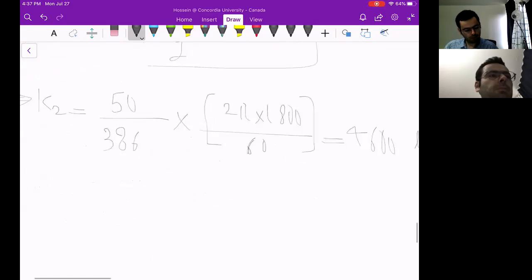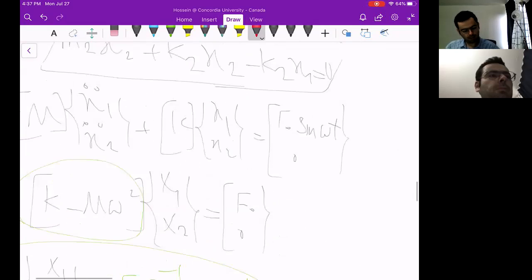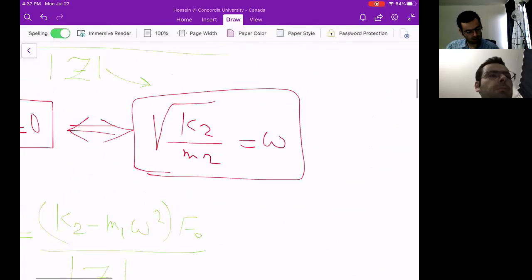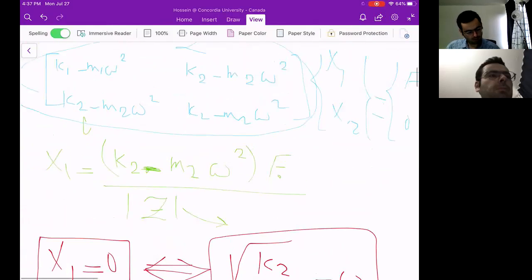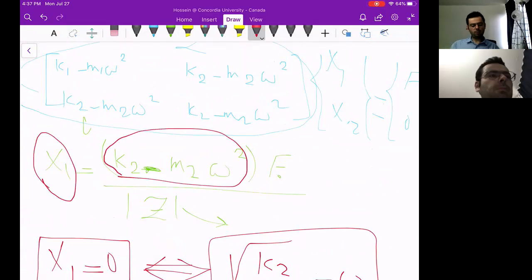If we choose K2 like this, then X1 would always be 0, as I proved in the first part of the session for today. Analytically, if you solve it, X1 is always 0, because the numerator will be 0 if you choose omega as K2 over M2.